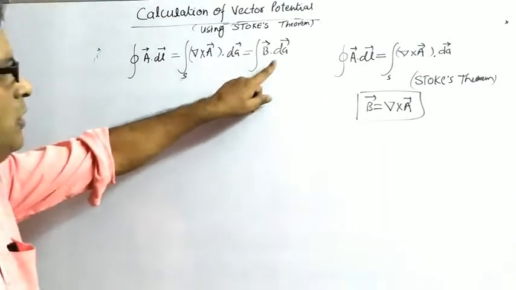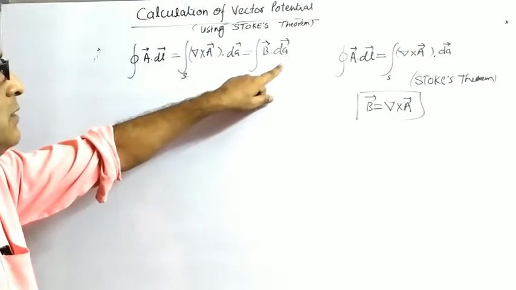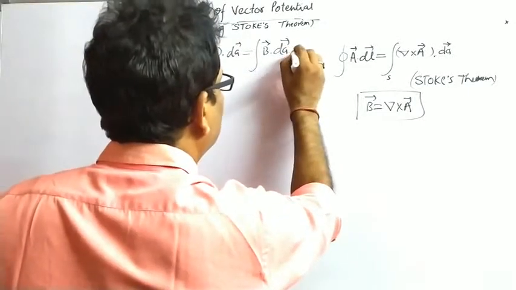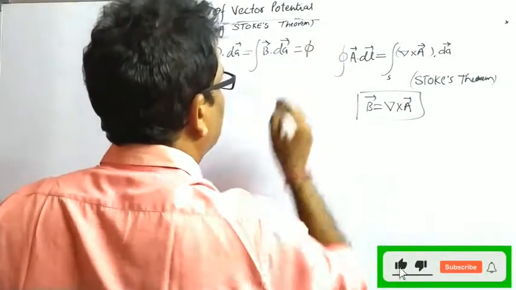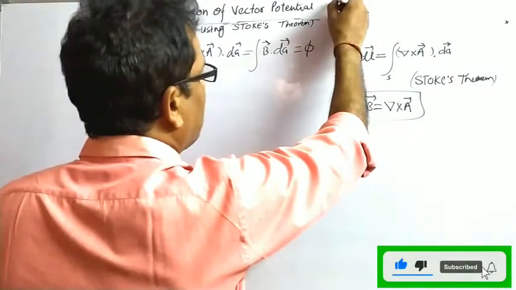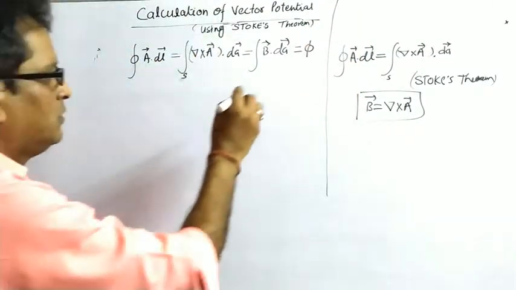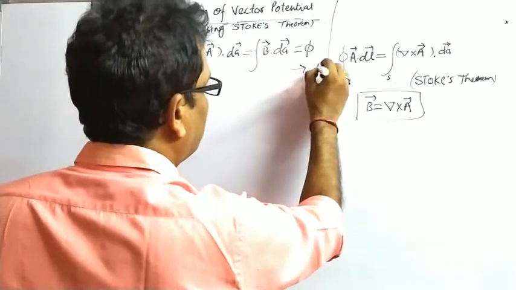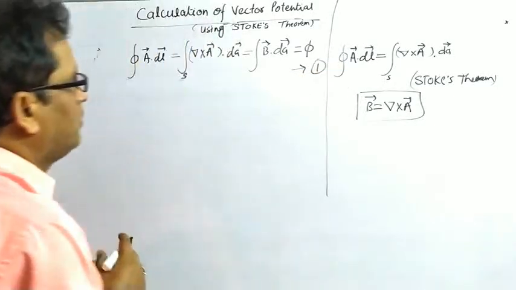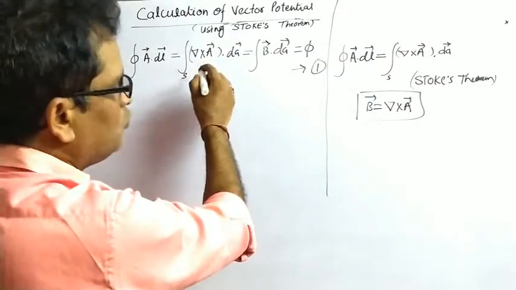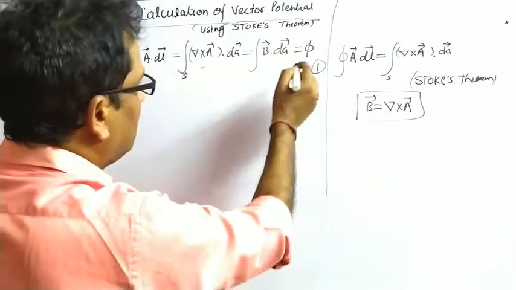Now B dot dA क्या बताता है? This tells you nothing but the flux. So this gives you the flux. So let me mark this equation as equation number 1. So in this equation we have used Stoke's theorem over here, right?